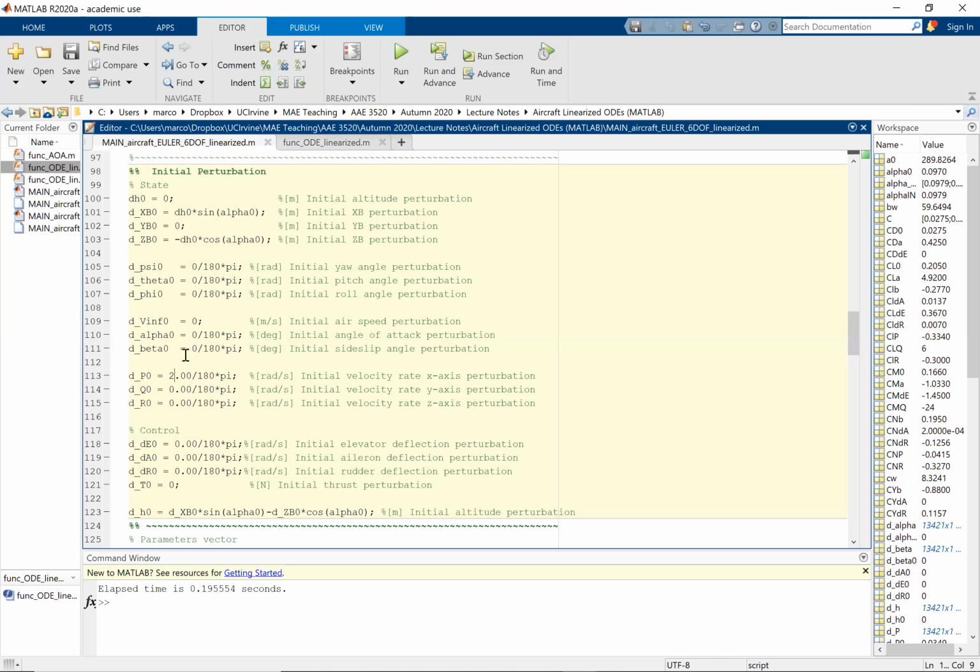Now let's take a look at the control. If we give a little perturbation in terms of control, so let's say the ailerons suddenly get stuck at, let's say, 5 degrees.